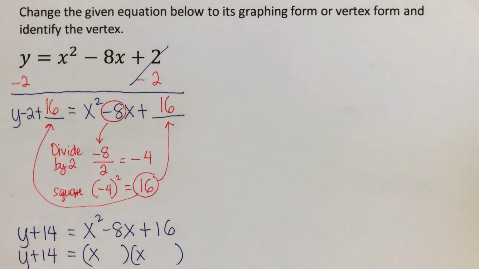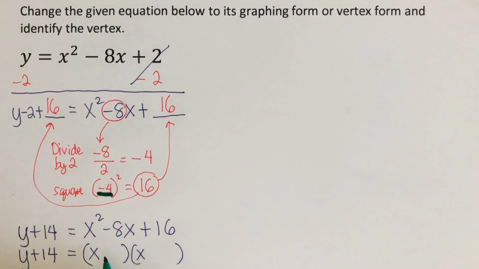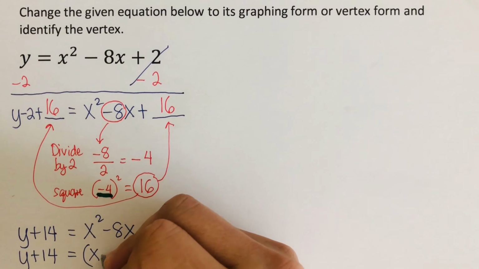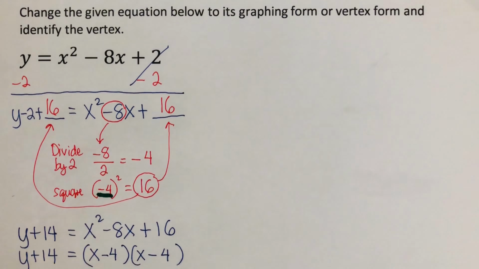Again, the trick is whatever this number that you wrote here is the number that we write here. So this becomes a -4 and -4. And it makes sense because if we multiply -4 times -4 is a positive 16, and -4 plus -4 is a -8.